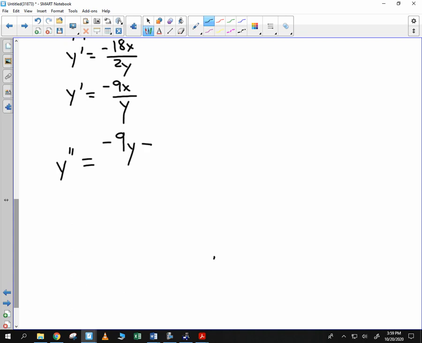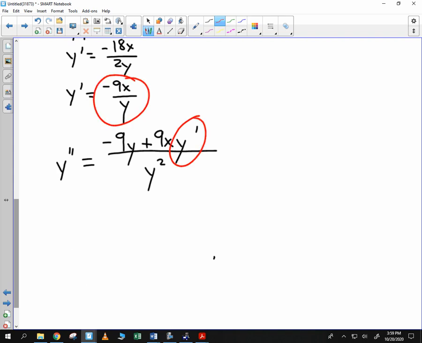Well, that would be -9x, so plus 9x, times the derivative of the bottom, y prime, divided by the bottom squared. Now that all looks fine and dandy, except for one thing. We can't leave this y prime there. We must substitute x and y back in.